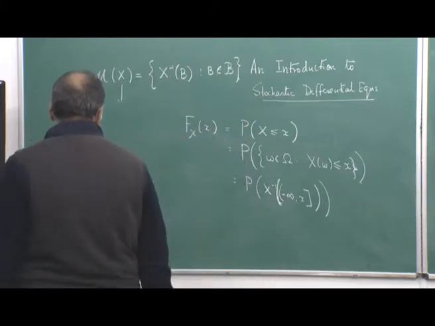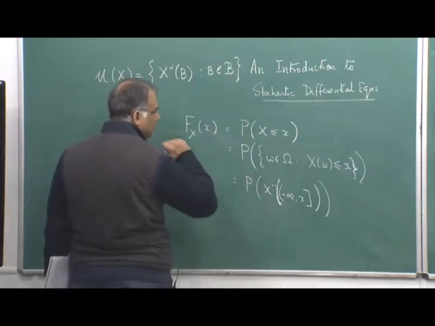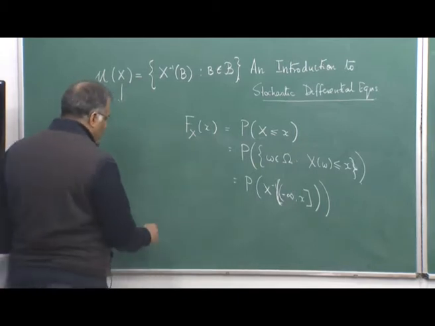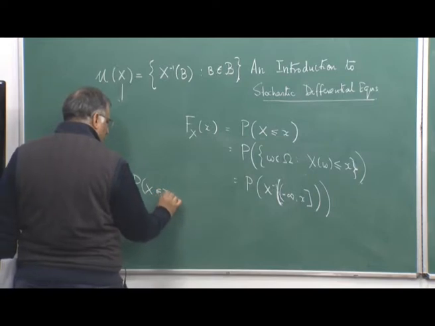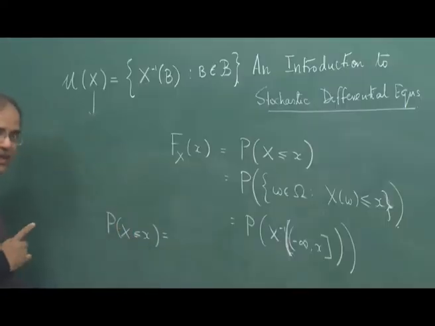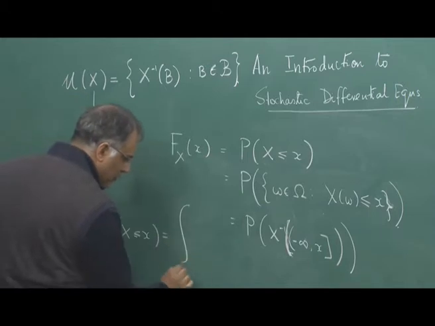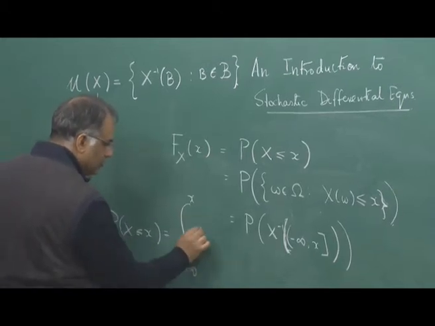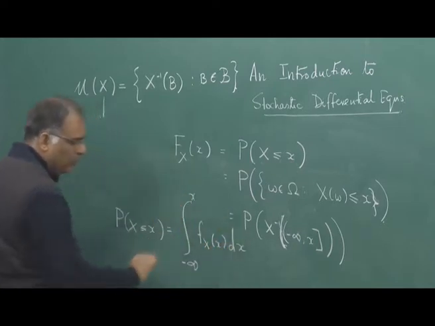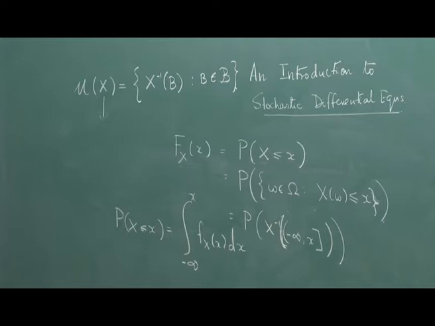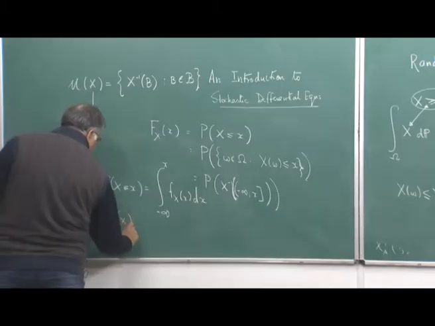And then how do I calculate the probability? It is usually calculated by means of a density function. I am just recalling this, which has to be known from a first year probability course, and once you know this, the expectation of X becomes an easy thing to calculate.